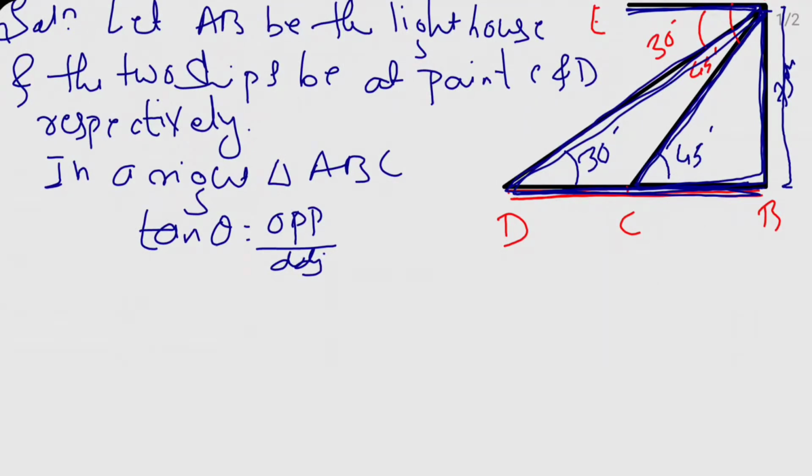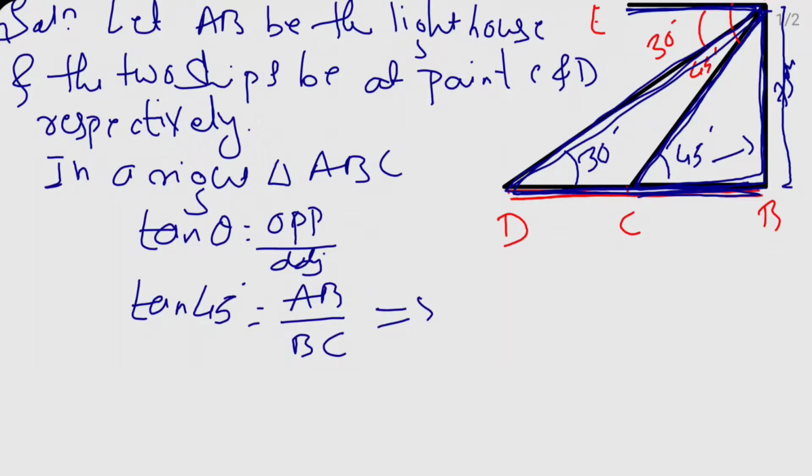So here tan 45 equal to opposite is AB, AB by adjacent is BC, and here we know that the value of tan 45 is 1, equal to AB is 75 by BC, we don't know, keep as it is.